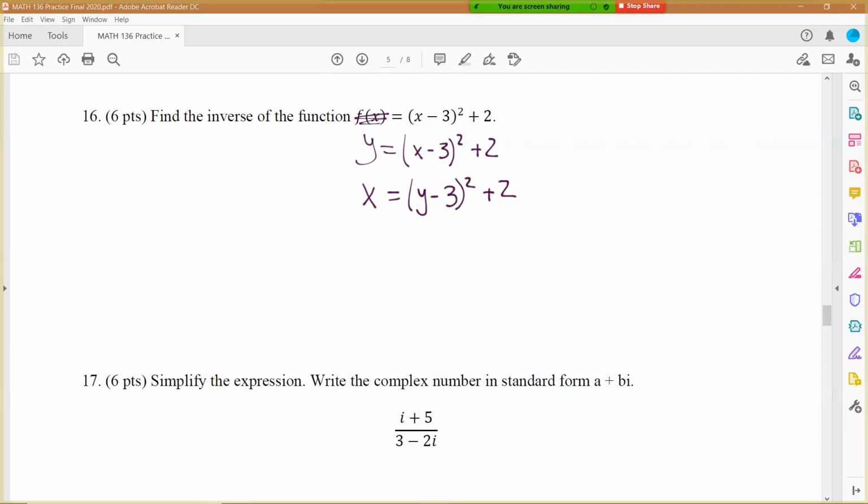Now our objective is to solve for y. What should we do first? Subtract 2, perfect. So we have x minus 2 on the left side equals y minus 3 in parentheses squared on the right.